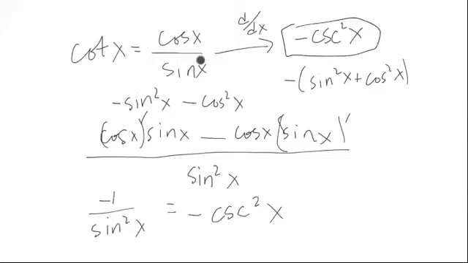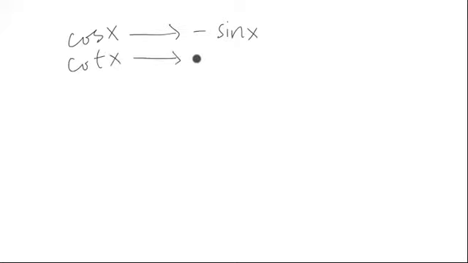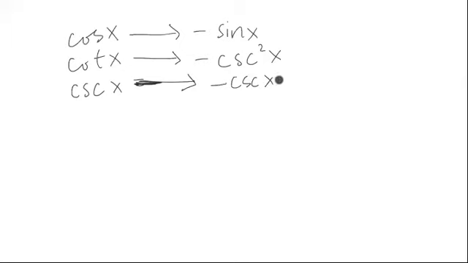Let's go through these and just recall what's happening. The derivative of cosine is negative sine. The derivative of cotangent is negative cosecant squared x. The derivative of cosecant x is negative cosecant x cotangent x.